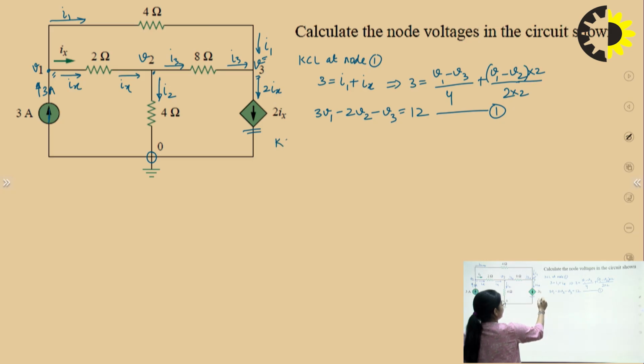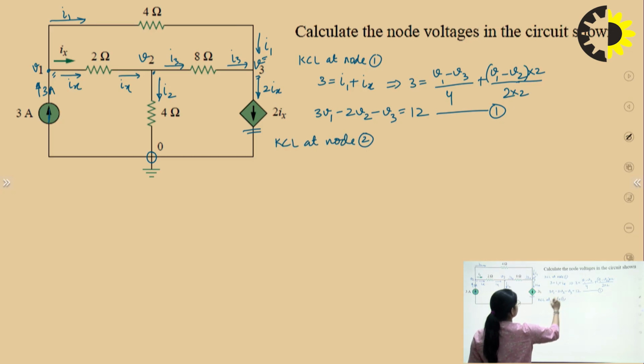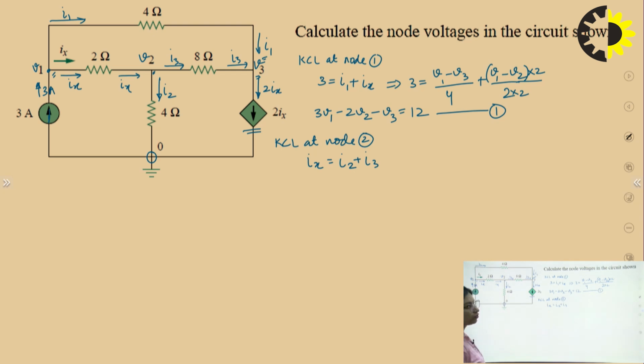Now apply KCL at node 2. At node 2, Ix is the only incoming current while I2 and I3 are both outgoing currents. So incoming current is equal to outgoing currents. Now the currents in terms of node voltages.